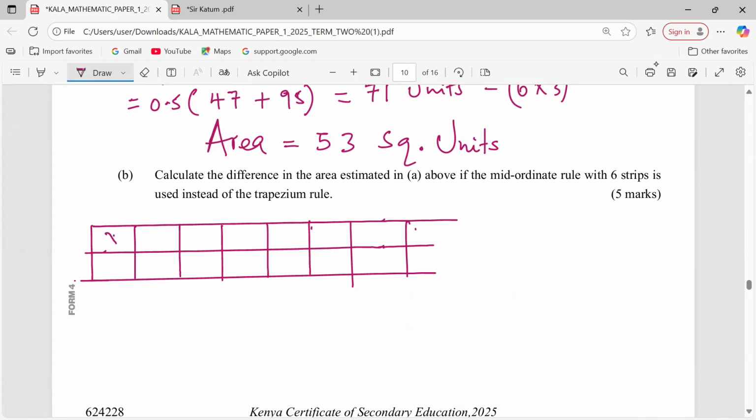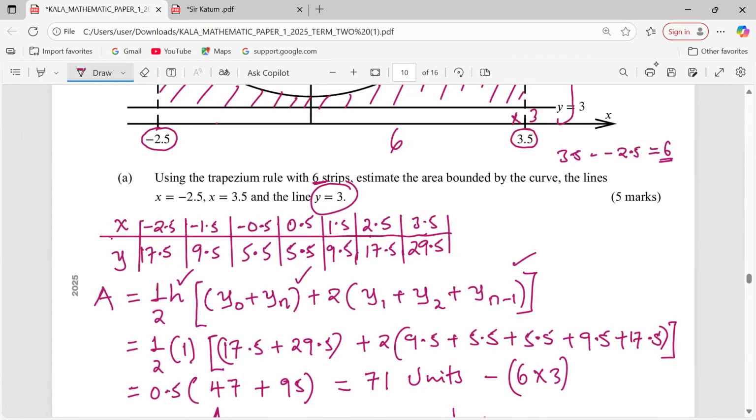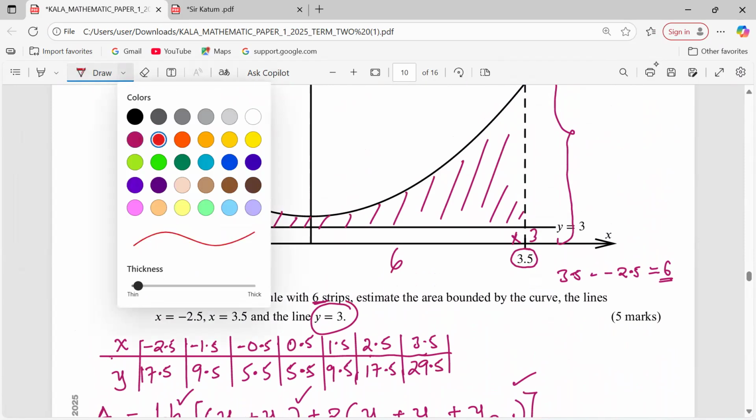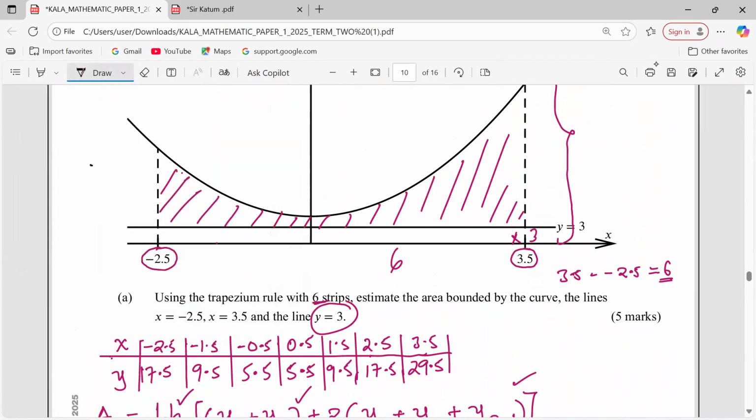So we'll have X values there, the Y values there. What we have here are the strips at the borders, these points, like at negative 1.5, then negative 0.5, then 0.5, 1.5, 2.5, 3.5. So these are what we call the strips.